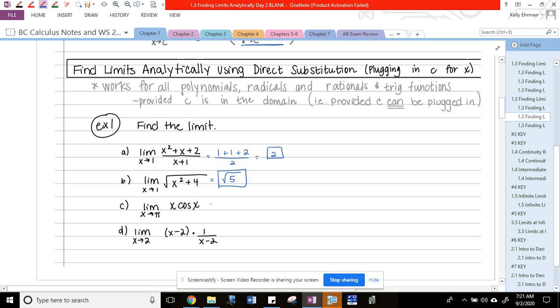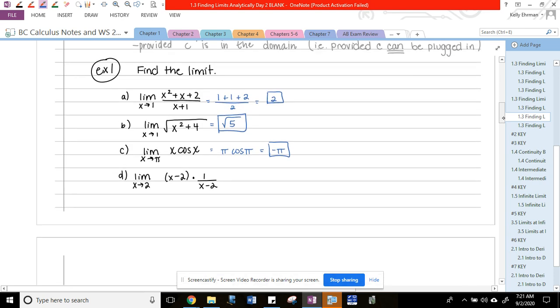This one, I can plug in pi times cosine of pi. Think about your speed quiz days. Cosine of pi should come quickly. It's -1, so this becomes negative pi. That's a valid answer. And we did this on the previous page. At 2, we're undefined.